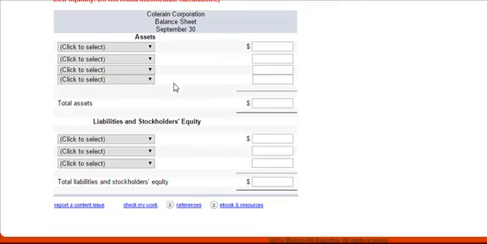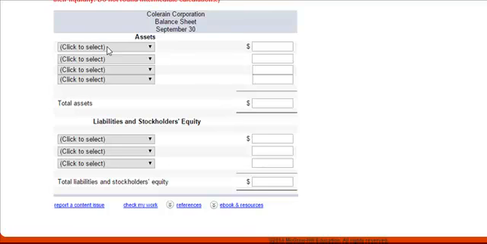Probably the hardest part of this problem is the balance sheet. So to figure our cash, we'll take the beginning cash balance, add the total expected cash collections for the 3 months, subtract the total expected cash disbursements for the 3 months, and subtract the cash payments for selling and administrative expenses.